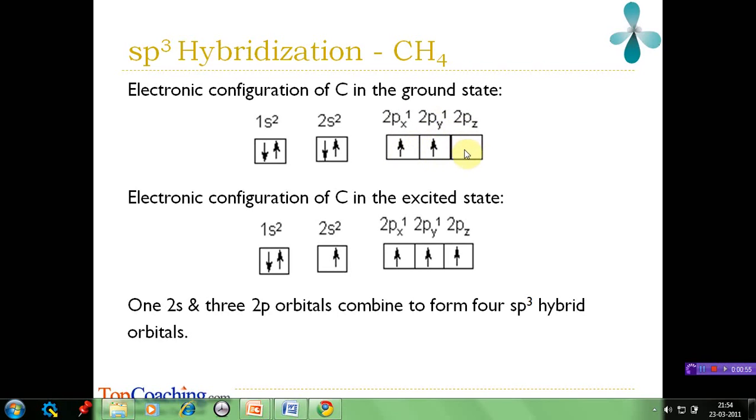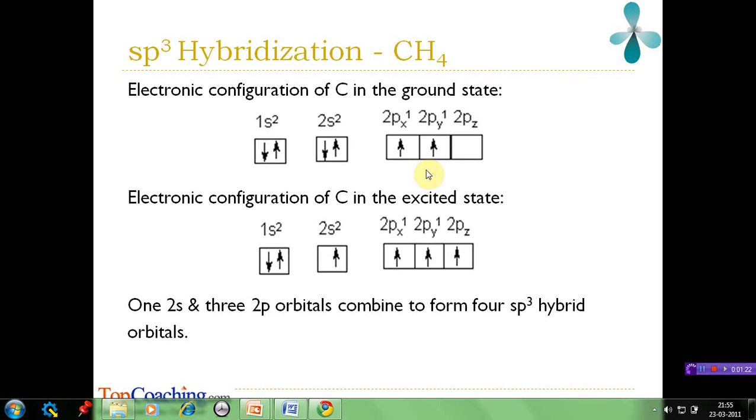and 2pz is vacant. Now that means that since carbon atom has two unpaired electrons, it must show a valency of 2, but we know that carbon is tetravalent. Now we can explain this tetravalency. As the atoms which are to be covalently linked approach each other, the potential energy of the system decreases and energy is released.